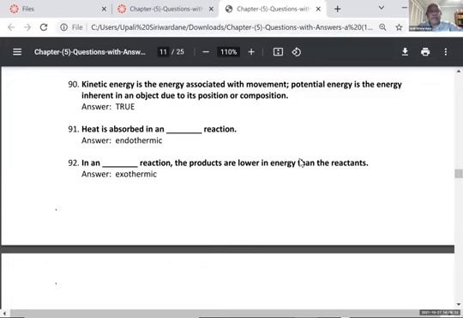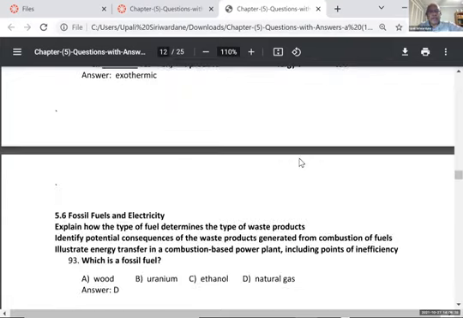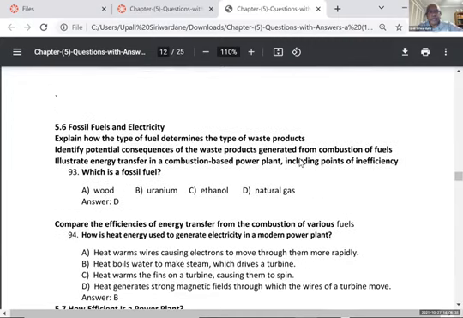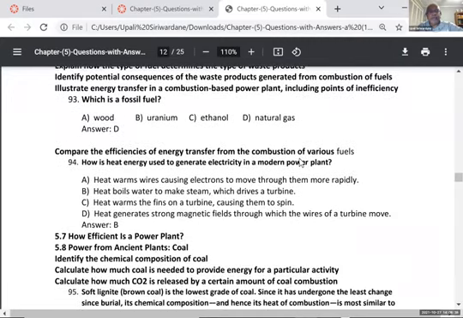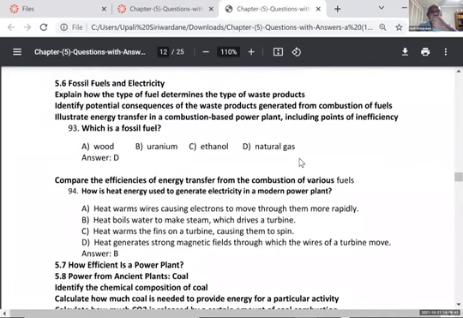Heat absorbed in a reaction is called endothermic. So endothermic, exothermic, now you know what they are. Now we're going to go into fossil fuel. What is a fossil fuel? Wood is not a fossil fuel.